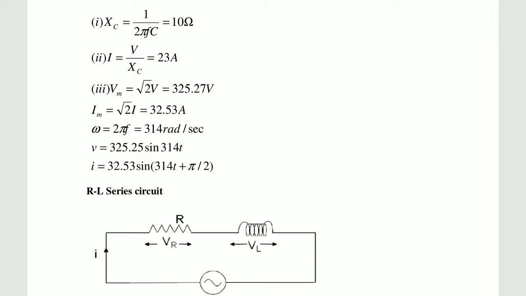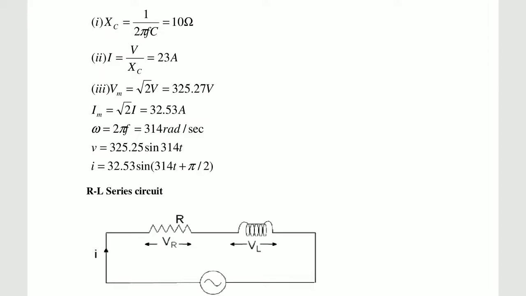Now RL circuits. In the previous case, we saw a pure resistor and a pure inductor in different cases, where only a resistance or only a pure inductor is connected to the supply. But in series circuits, the resistor and inductor are both combined.